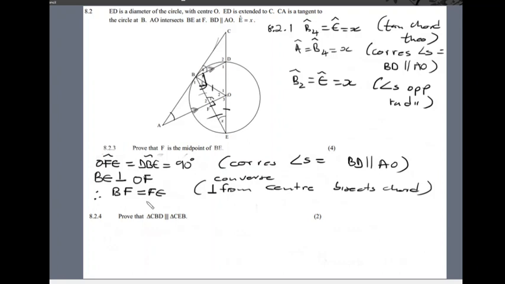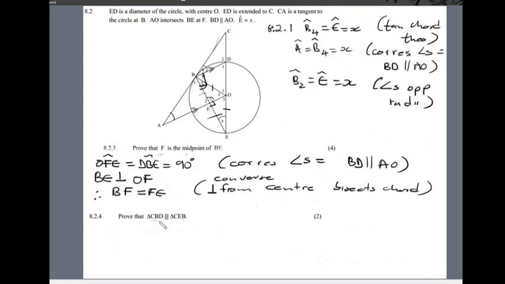So when you state similarity, the order in which you list the letters is important. If you say triangle CBD is similar to triangle BEC, it will no longer be correct, because the order in which you list these letters also says which sides are in the same proportion.